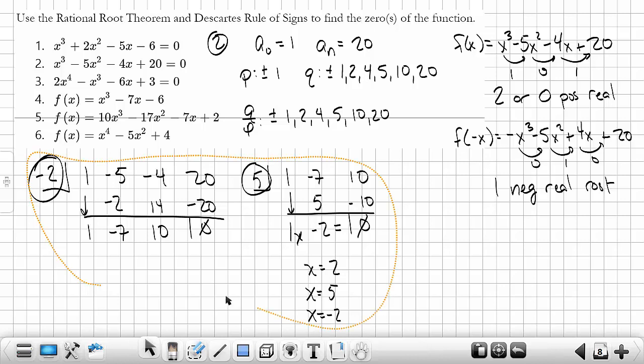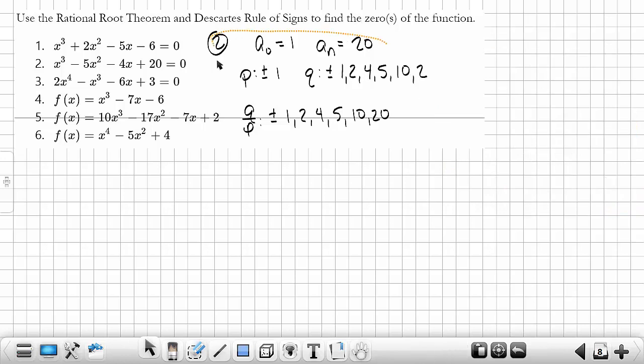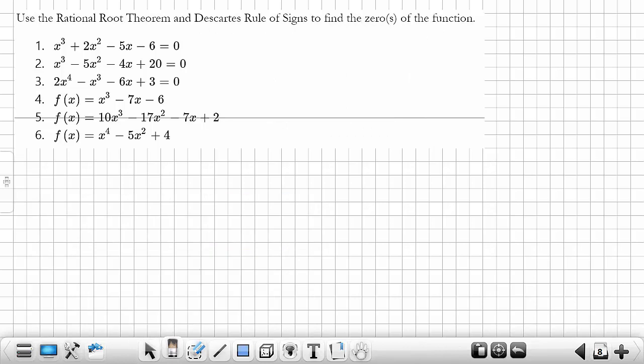Number 3. Number 3, my a sub naught is 2 and my a sub n is 3. Still not terrible.